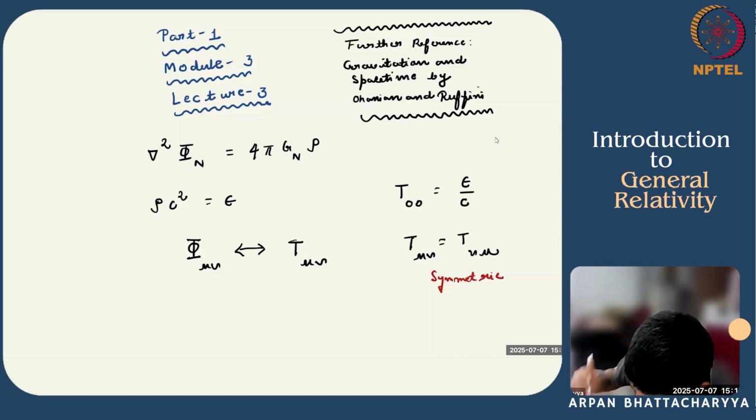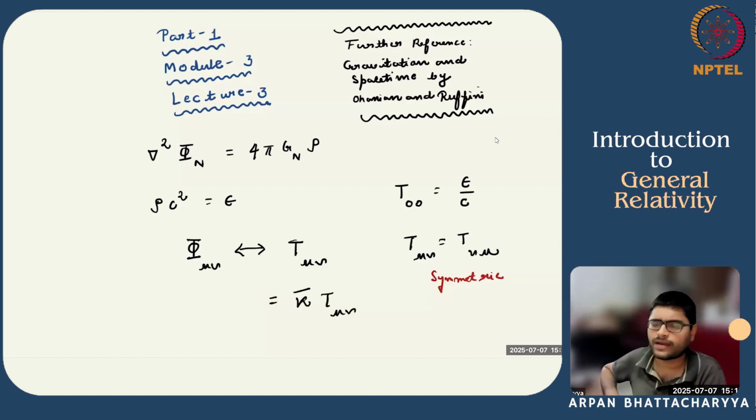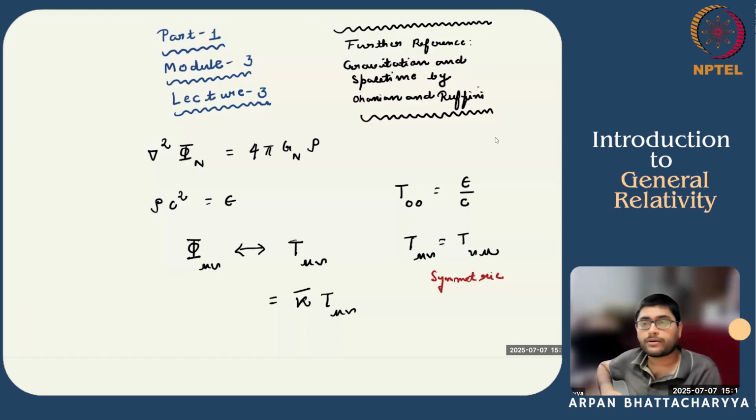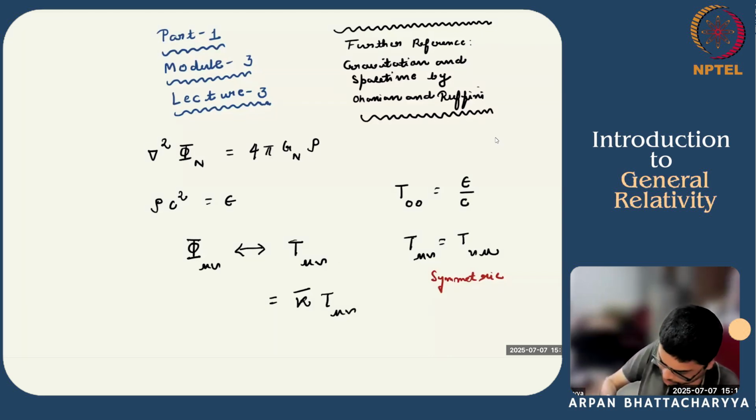Now, the right hand side will be, as discussed, proportional to T mu nu. Kappa bar is some proportionality constant that we will fix later on by taking a suitable non-relativistic limit. At this point, kappa bar is some undetermined constant. And now, what about the left hand side of this equation? Again, at this point the equation tells us that the left hand side should contain at most two derivatives.